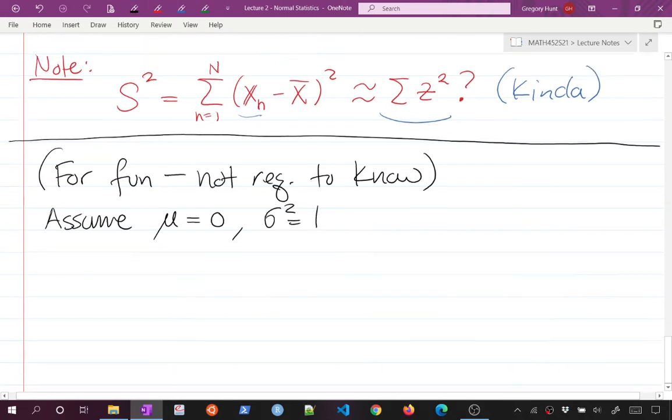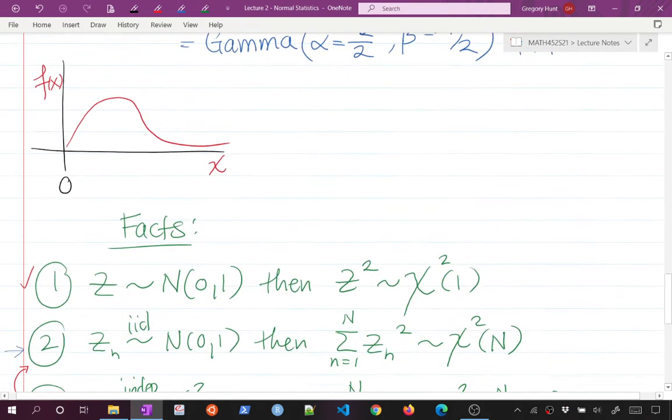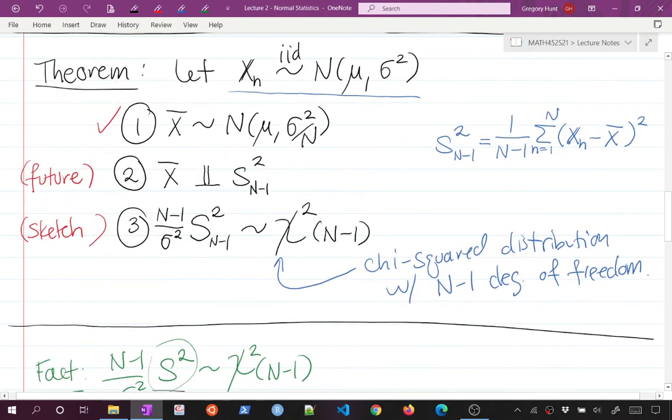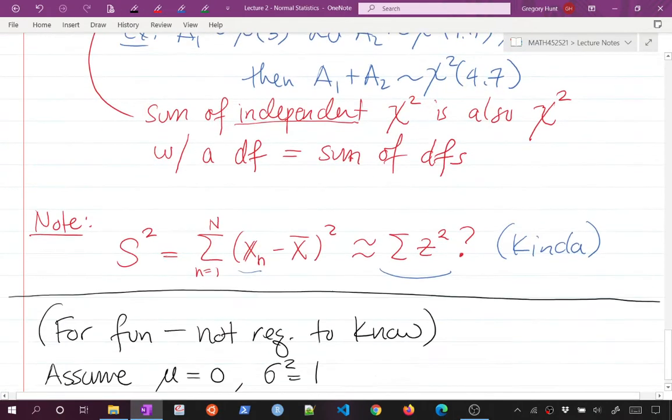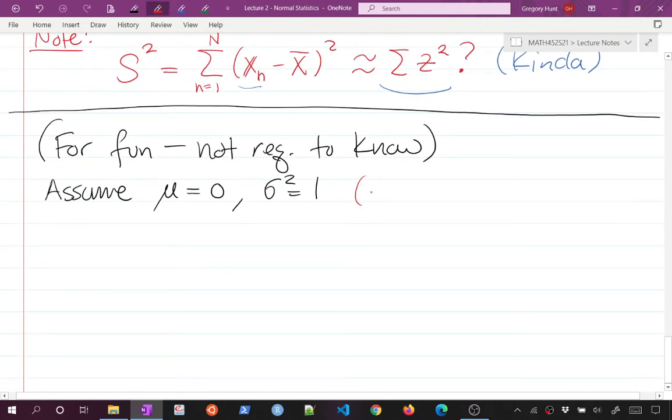So we have standard normal random variables. So this is basically talking about a proof of claim 3 above. And we're not even going to get into the complications of if we don't have standard normal. Assume we have standard normal random variables.